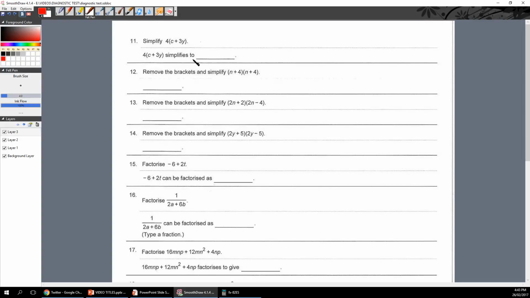4c plus 3y. Simplify. So the first thing we've got to do is expand it. So we multiply that out. That times that plus 4 times 3y. So we get 4 times c plus 12 times y. 3 4s are 12, so 4c plus 12y.